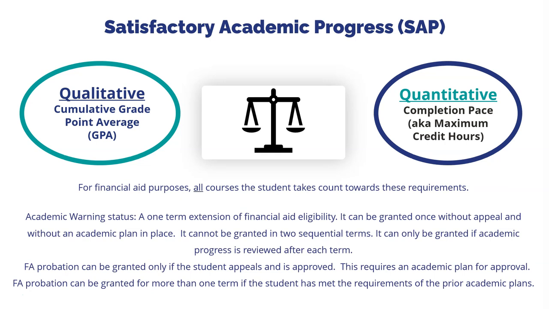FA probation. Financial aid probation can be granted only if the student's appeal is approved. This requires an academic plan for approval. If you are a student who is unsatisfactory, you will have to complete a satisfactory academic progress appeal with your academic advisor.